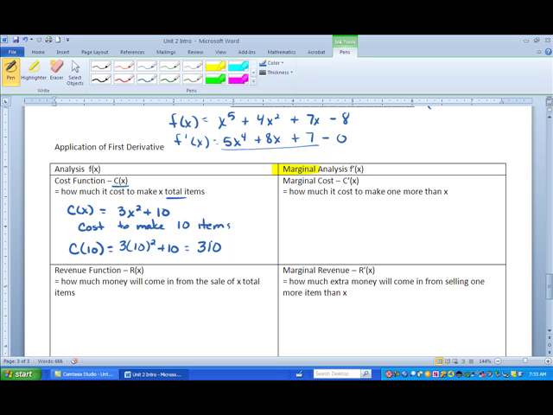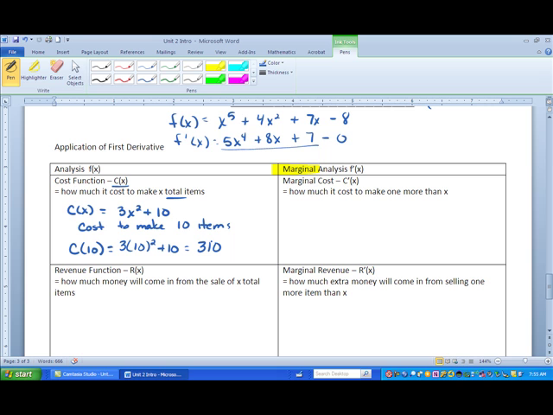But remember that that would be an average cost, because it's normally more expensive for a company to make the very first item than it is to make the 10th item, because you have all the startup cost of getting your equipment. So to just make one item can be pretty pricey.